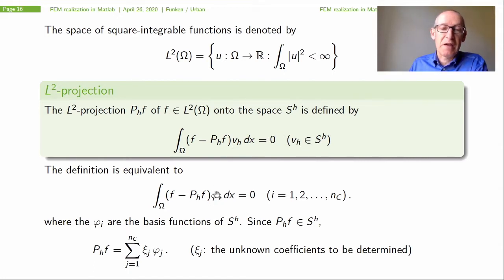So this has the equivalence. And since we map into this space Sh and the phi i are a basis, the ph of f can be written as the sum of xi j times phi j. Of course, n index c is the number of our nodes, or the dimension of our coordinate array, which is n index c times 2 in 2 dimensions.